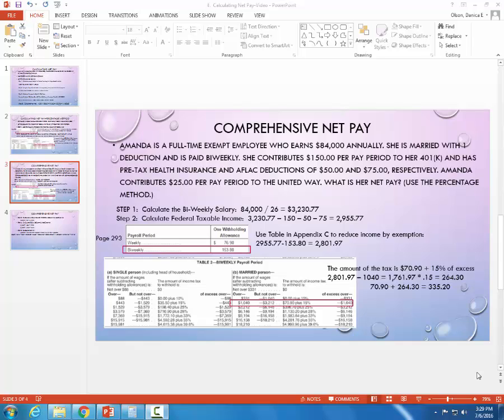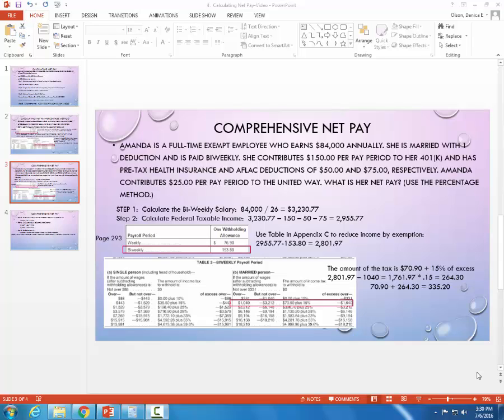We now use Table 2 to calculate federal tax. Amanda is married and she falls between the $1,040 and $3,212 category. Therefore, her federal income tax is $70.90 plus 15% of the excess of $1,040.